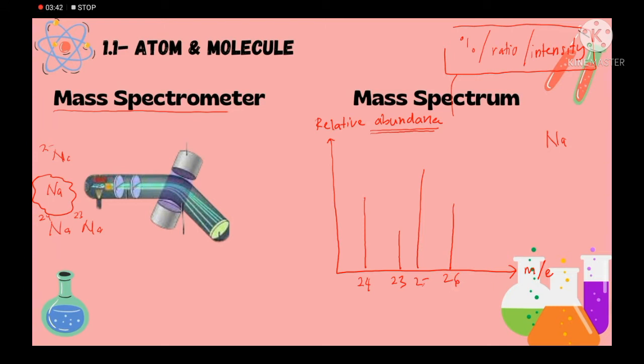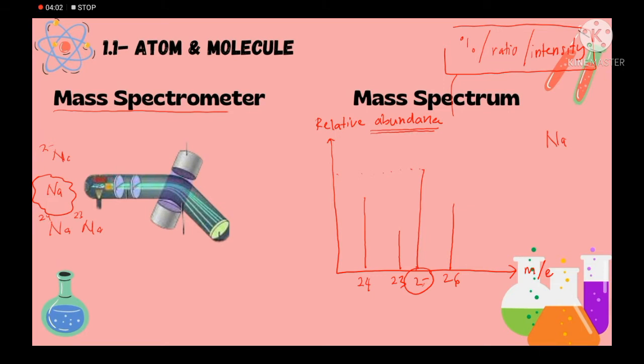So from this mass spectrum, we can see that the most abundant, the one that exists the most in this world, is sodium 25, this is only an example, because it has the highest abundance, or highest ratio, highest percentage, highest intensity.